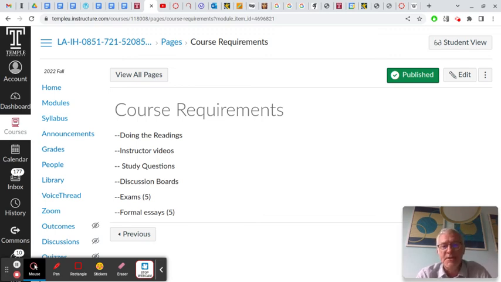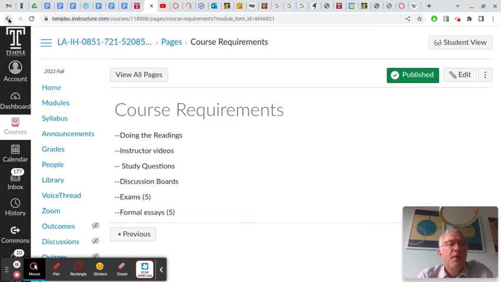And then the formal essays, those essays in which you have to come up with an idea of your own, commenting on some aspect of what we read. The exams and the formal essays will both be graded. So they'll be graded assignments. And that is it in terms of requirements.